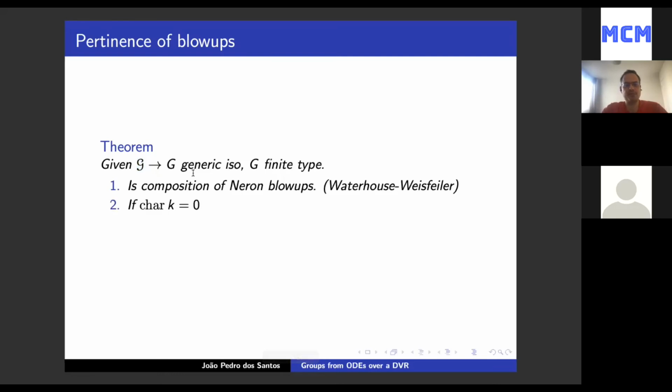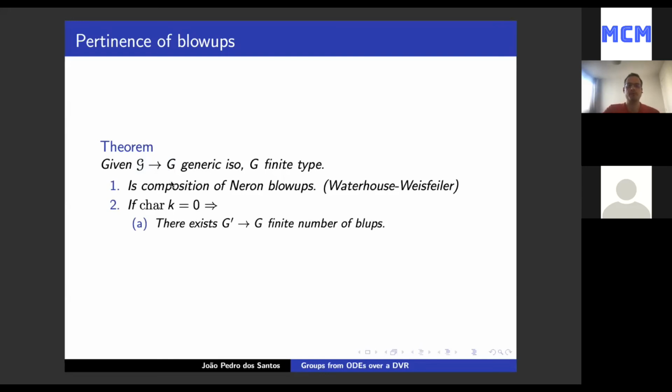And the interesting point which we found out during our research is that at least if the characteristic of K is 0, then generic isomorphisms to algebraic group schemes are formal blowups.